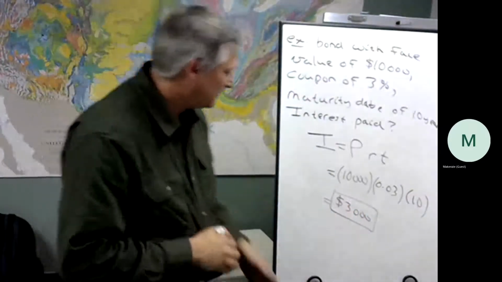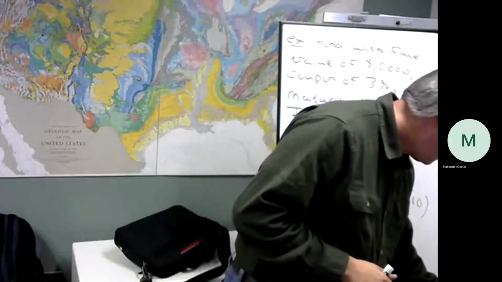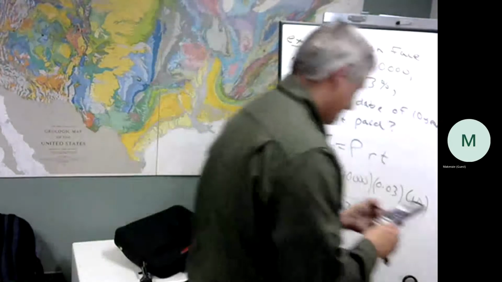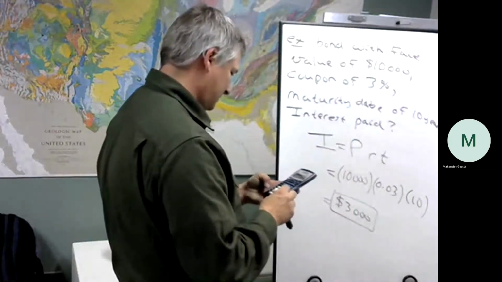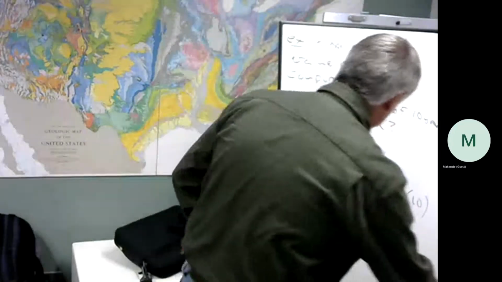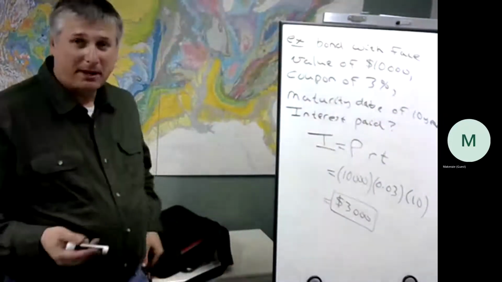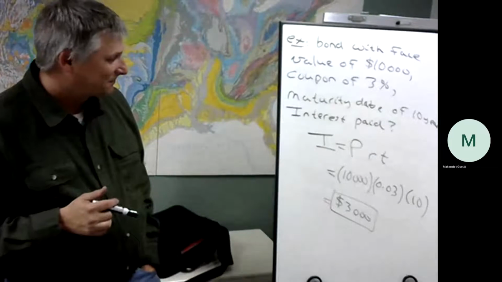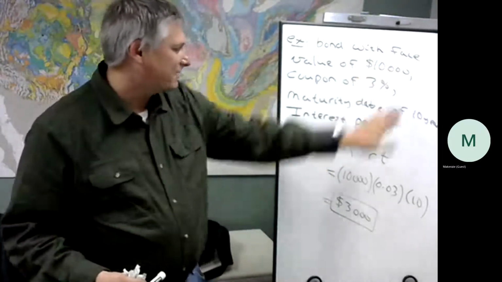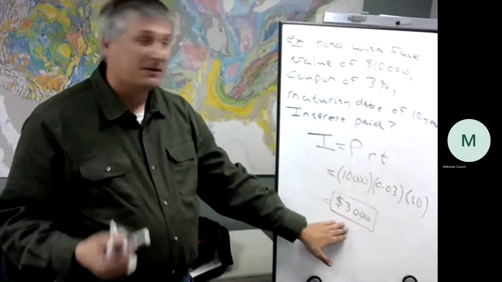And there we go. Double check. Yeah, we're good. So that would be the total interest paid. All right, so what happens with the bond is you'll get your money back and also this interest.